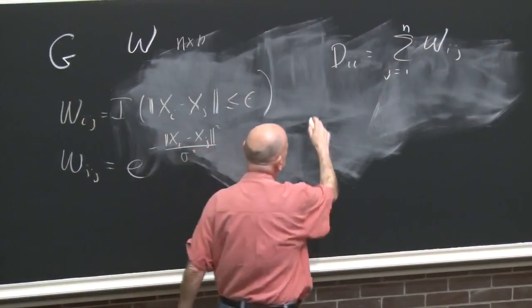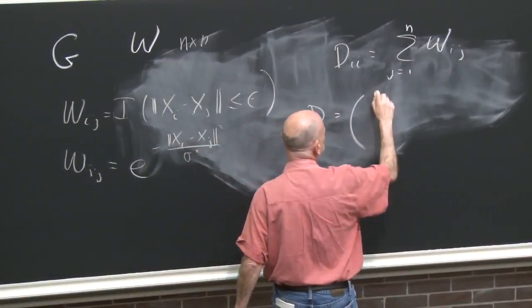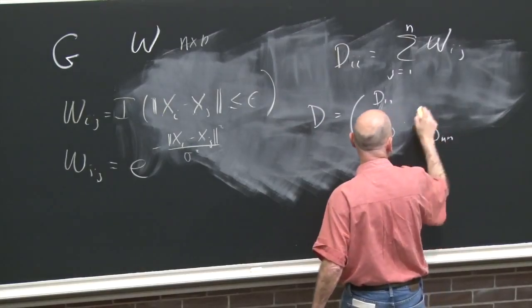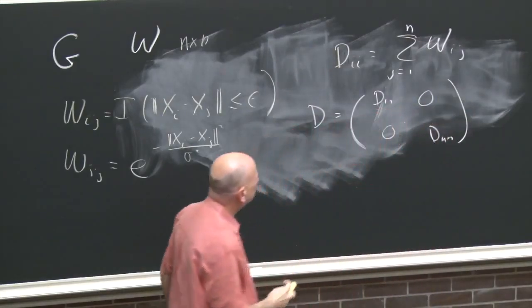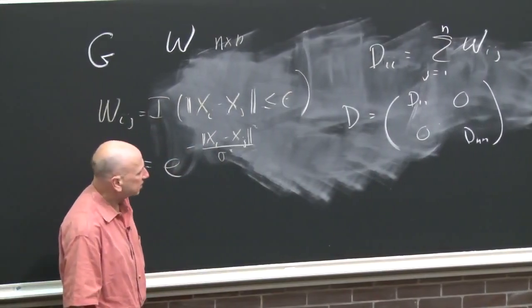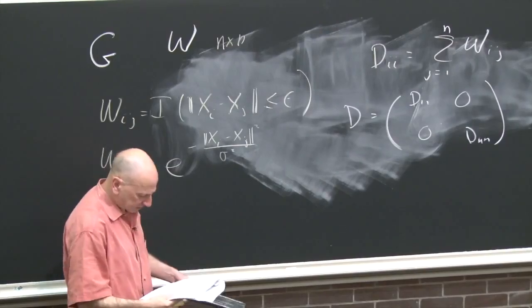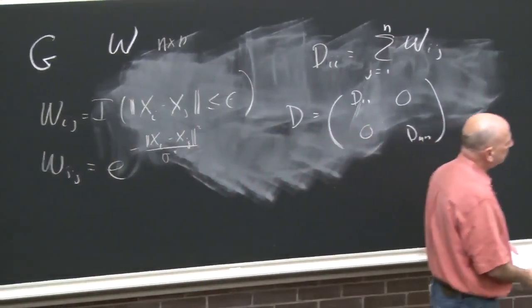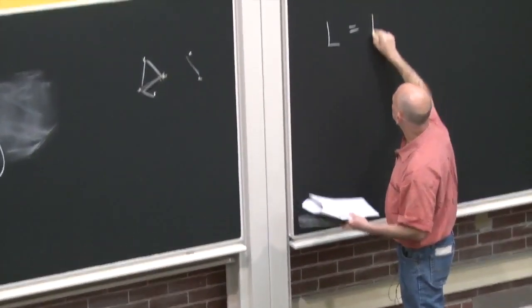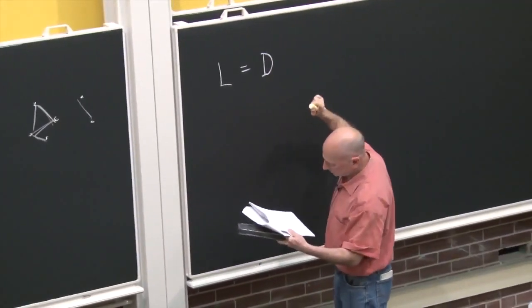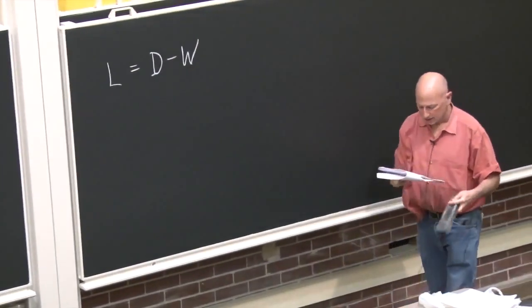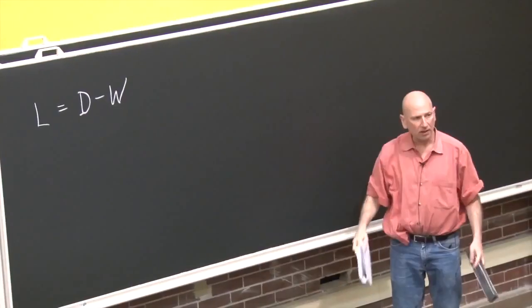Then we put these into a diagonal matrix, the degree matrix, with 0 off the diagonal. Now we take this matrix W and this matrix D, and we form this matrix. If you have not seen it before, it may look a little bit mysterious. There are different versions of this matrix, but I'll use this one for the moment. It's D minus W, and this is called the graph Laplacian.